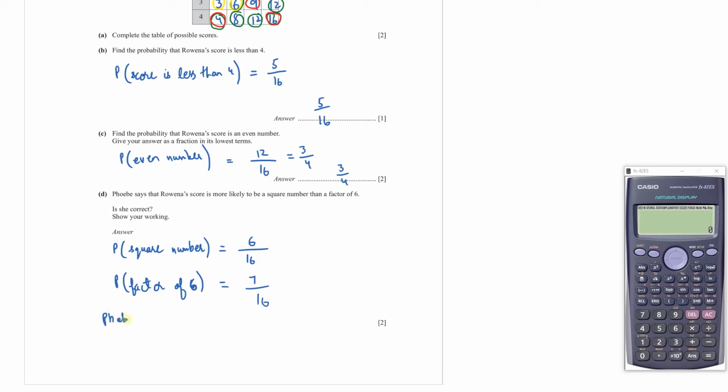So Phoebe is not correct because the probability of getting a square number is actually less than the probability of getting a factor of 6. So getting a factor of 6 is more likely, not the square number. So Phoebe is incorrect.